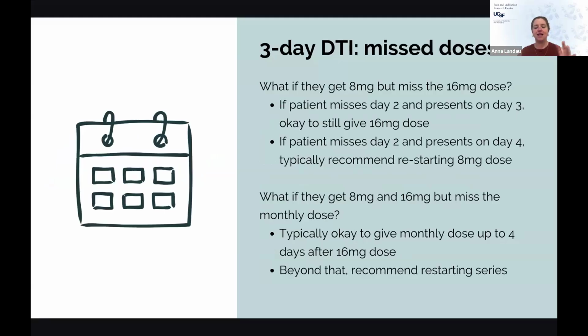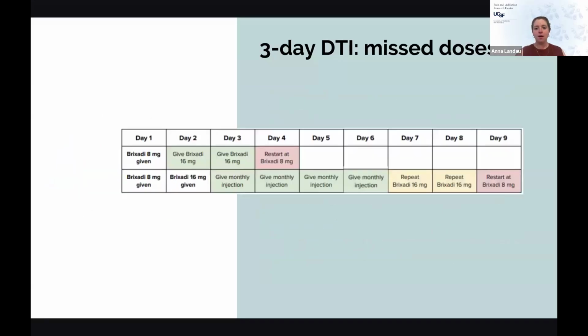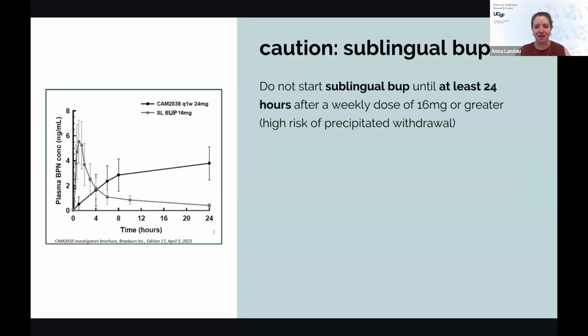There's a complicated algorithm for what to do if they get the first dose but miss the second, or if they get the first and second but miss the third, and that's based again on our understanding of the pharmacokinetic curves of where the bupe serum levels are in the body and when you still have enough bupe to safely give you more. We have adapted a graph by Richard Waters' team in Seattle to make a clinical tool. We're putting out a lot of protocols to help support clinicians across the health network in the Department of Public Health, and this was part of that effort.